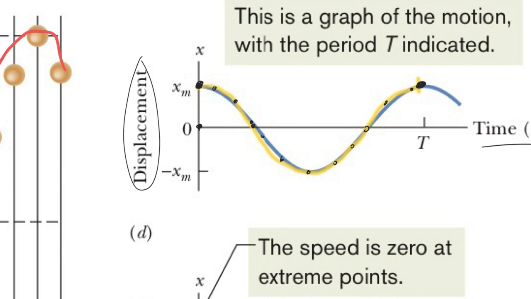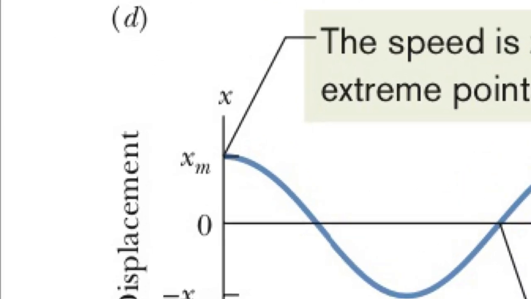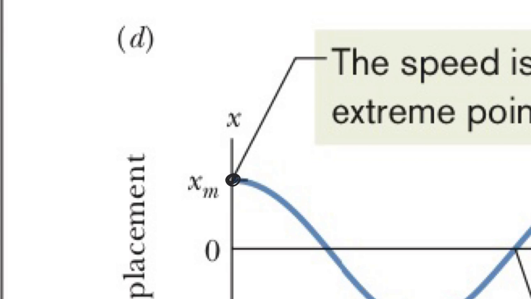So you can see from here that this is a cosine. And here you can see at xm, because the position here is maximum, it is xm, so the velocity here will be 0 and the acceleration will be maximum but negative.